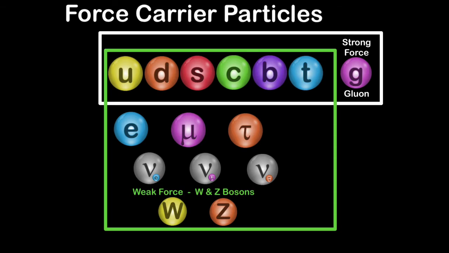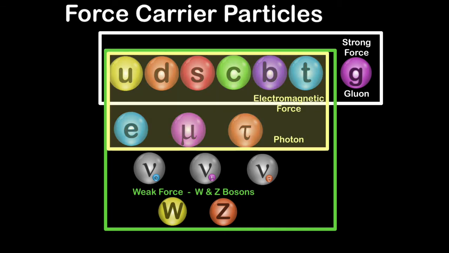Now we haven't included electromagnetism, and electromagnetism will act on these charged particles. It won't act on these uncharged particles, and it will also act on the quarks here, which are also charged. So the group of charged particles will experience the electromagnetic force. So the force carrier for electromagnetism is the photon.